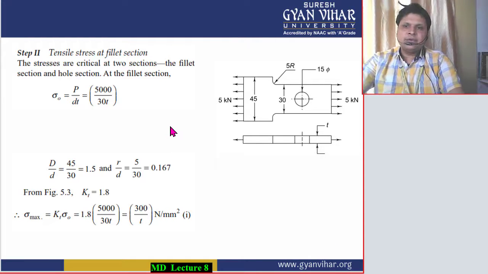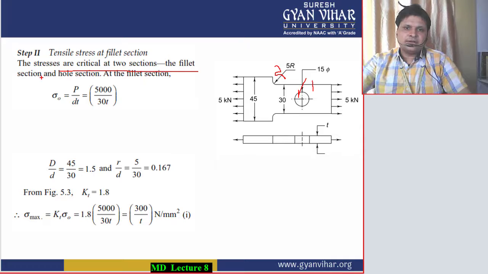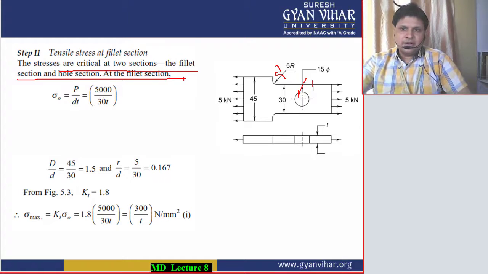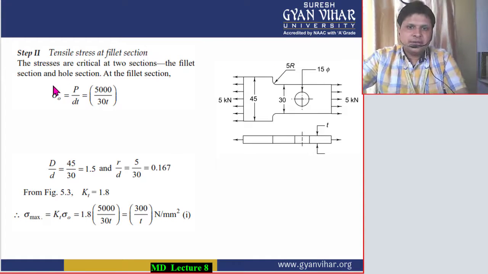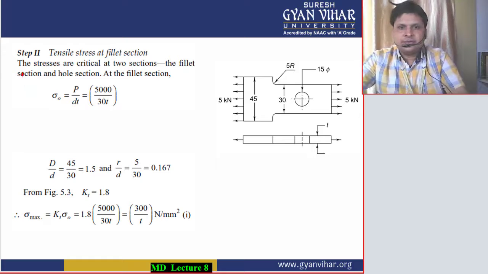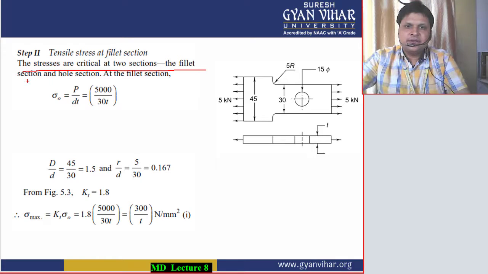Now the second step is to calculate the tensile strength. There are two sections where stress is concentrated: the fillet section and the hole section.